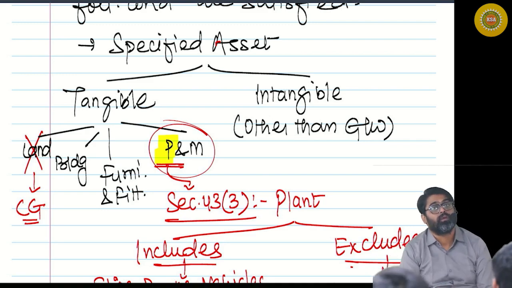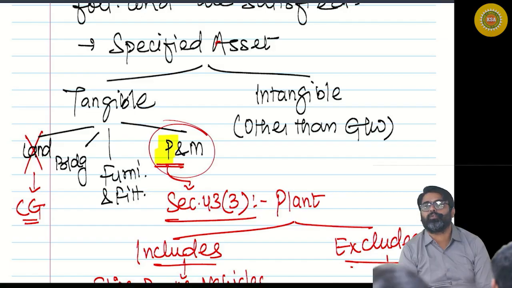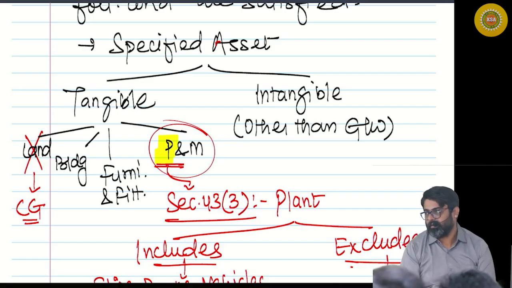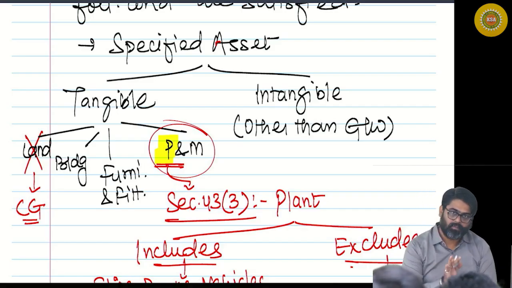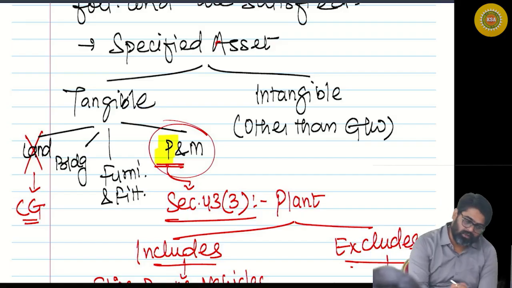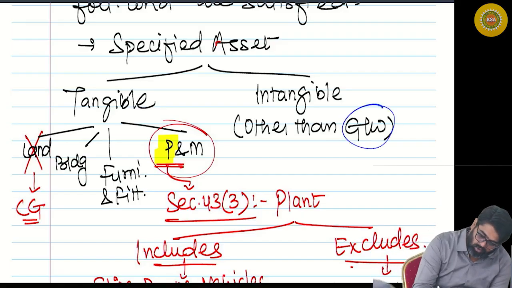Goodwill is excluded with effect from 1st April 2020. Meaning, if the goodwill is purchased for the purpose of business or profession on or after 1st April 2020.